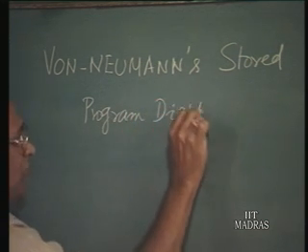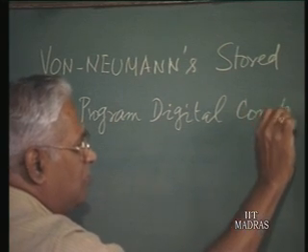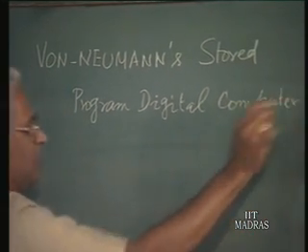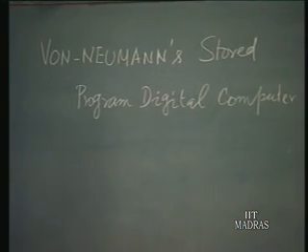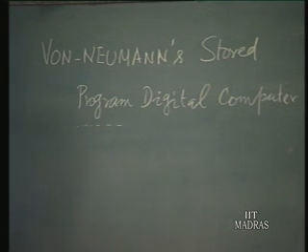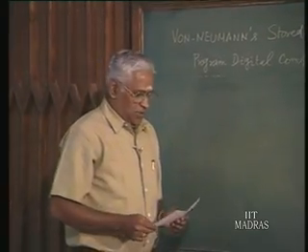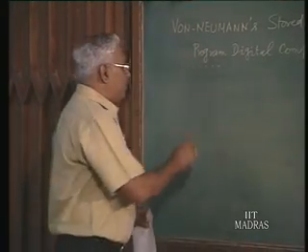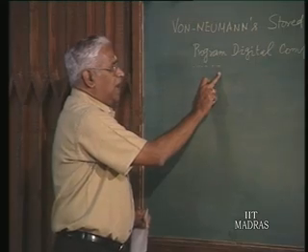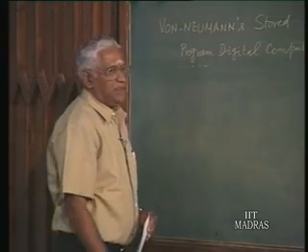The architecture of this is what is there in most of the computers, even in present day. The specific thing in the stored program digital computer is essentially that the program and the data, both of it are stored in the memory.